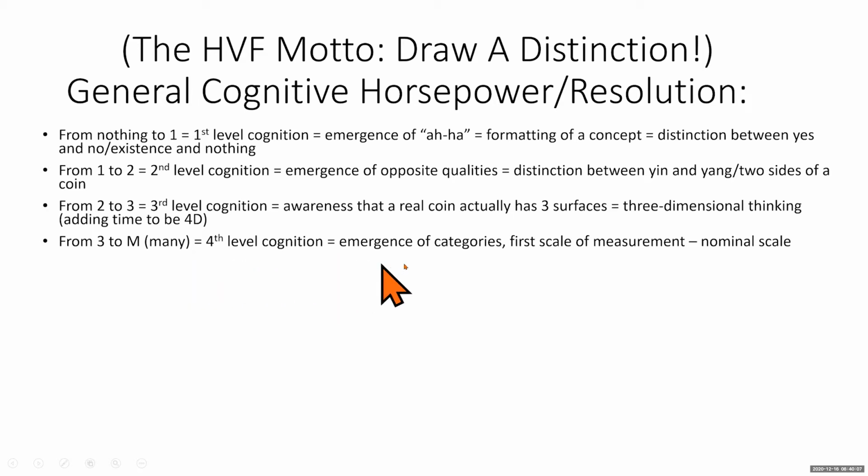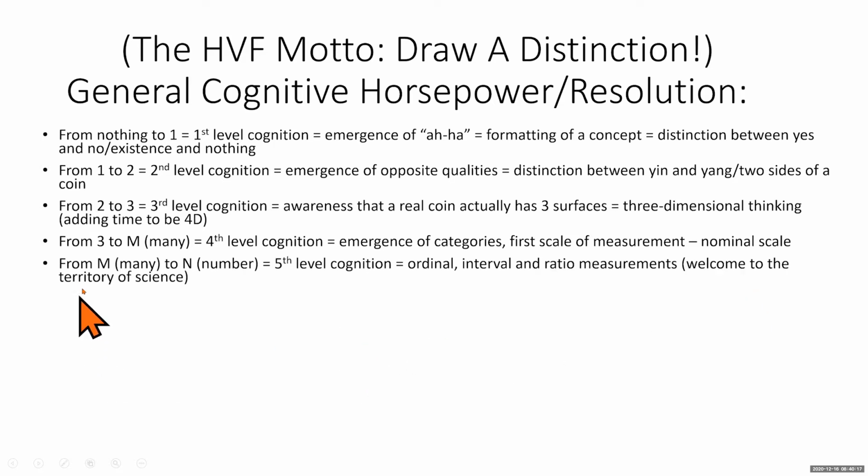That is the emergence of categories, or the first scale of measurement, namely the nominal scale. And we have the next level, from many to number, to the concept of any number.